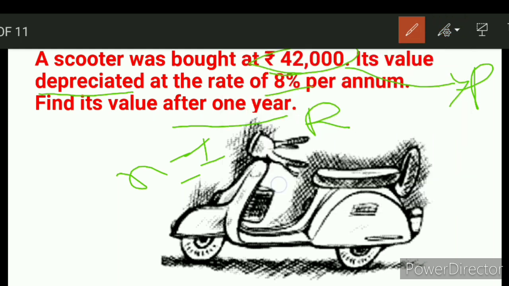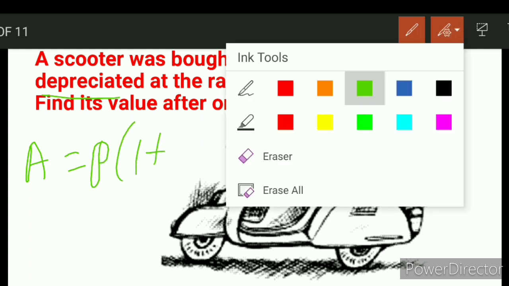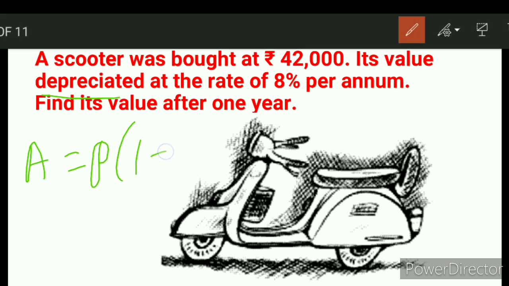Here depreciated means decreased, so the formula is amount equals P into 1 minus R by 100 whole to the power n. Instead of plus, put minus, because in this problem it is given depreciated or decreased. Whenever this is given, you should use the minus formula.